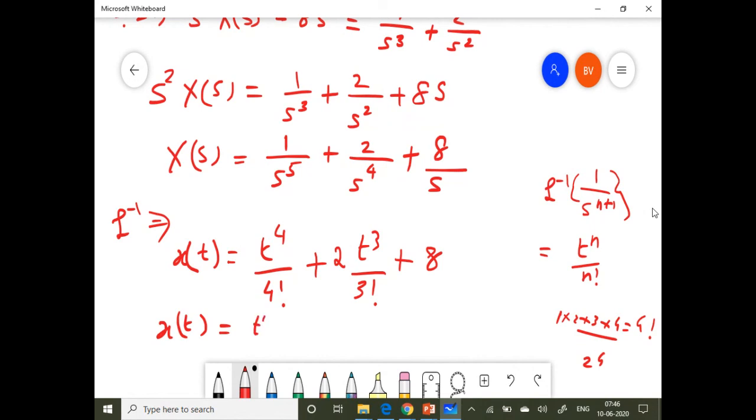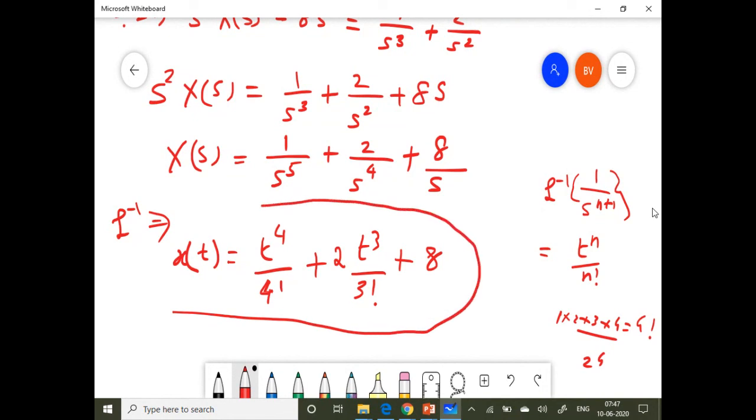T raised to 4 divided by 24 plus 2 and 3 factorial is 6, so it will be t cube divided by, no, we can leave that. We can stop here. Factorial, when we need it, we will make it. This is 4 factorial. Stop here for x of t.